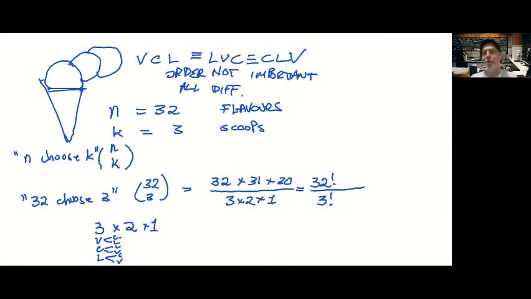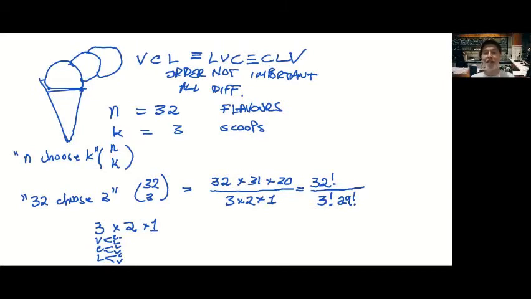What's unmultiplying? We're going to divide. So if I've got 32 times 31 times 30 times 29 times 28 times 27, I want to get rid of that 29 times 28 times 27. I want to be able to remove that. So I will just divide by the 29 times 28 times 27. And there you have it.